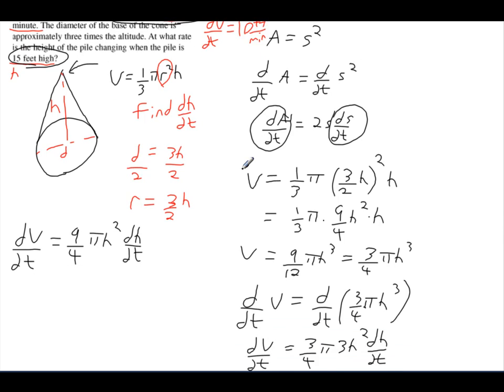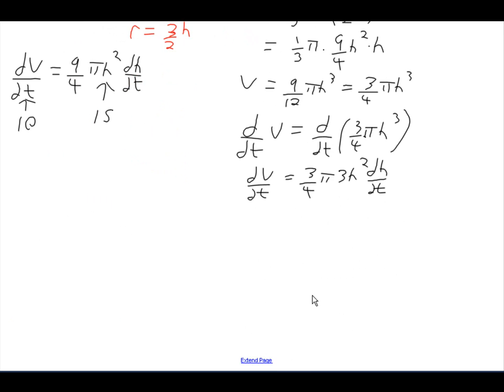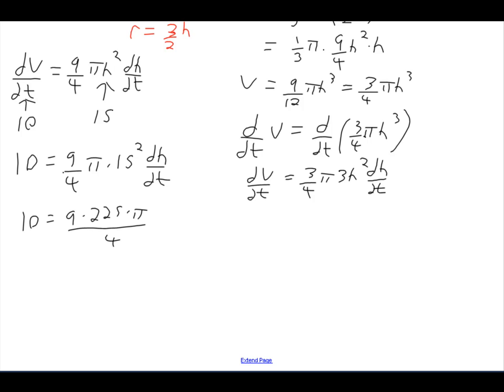So if we plug 10 in for dv dt, 15 in for h, and then we just need to do the basic arithmetic to solve for dh dt. So we'll say 10 is equal to 9/4 pi times 15 squared dh over dt. Simplifying, we get 10 is equal to 9 times 15 squared, which is 225, times pi all over 4 times dh over dt.